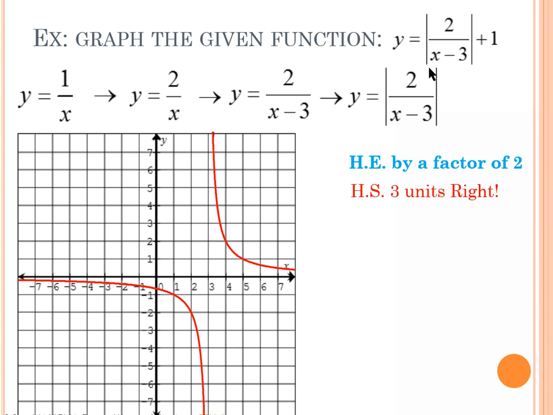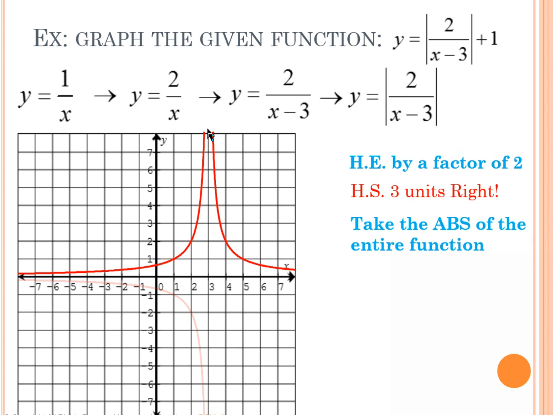Absolute value function now. So remember, when we have the absolute value function, we take any part of the graph that's below the x-axis, which is this part right here, and we simply reflect it across the x-axis. So let's do that. And this is what I would have once I take the absolute value.